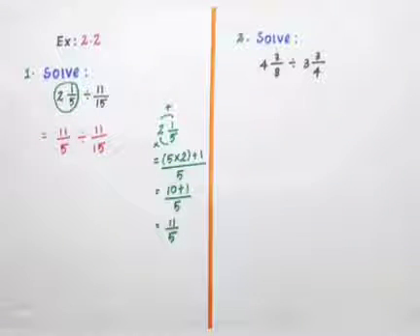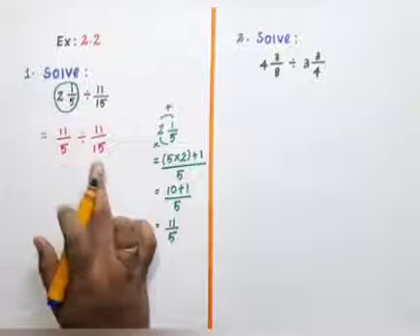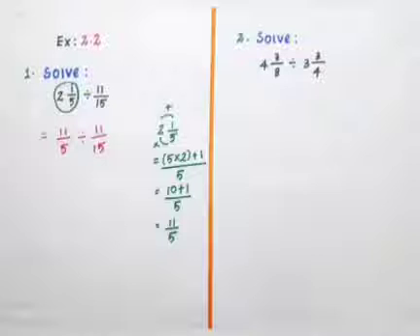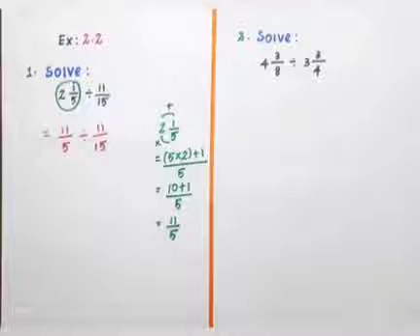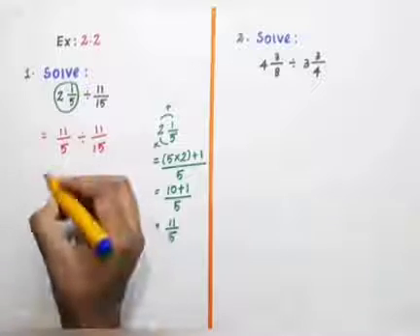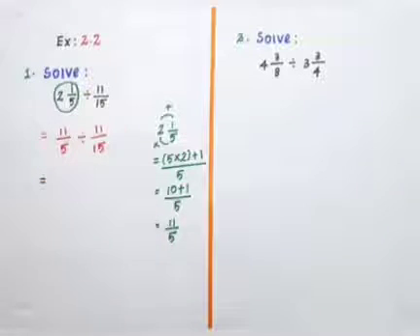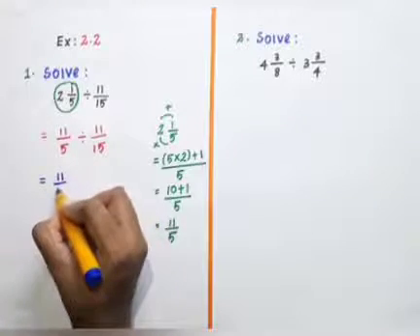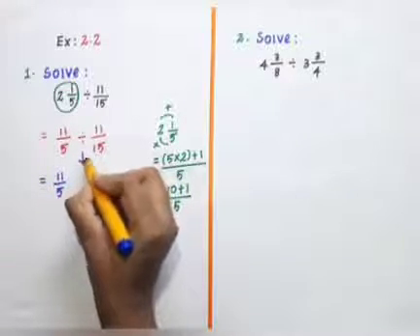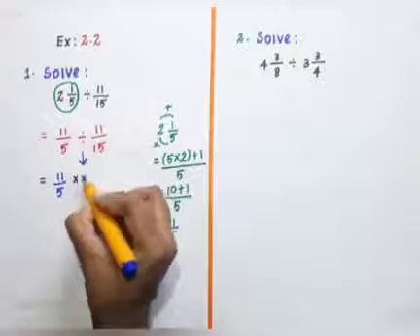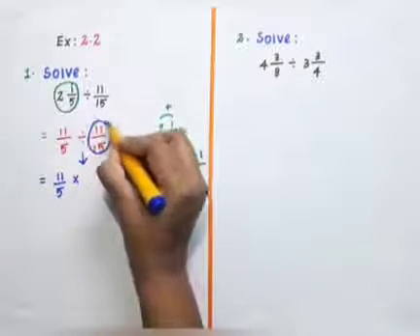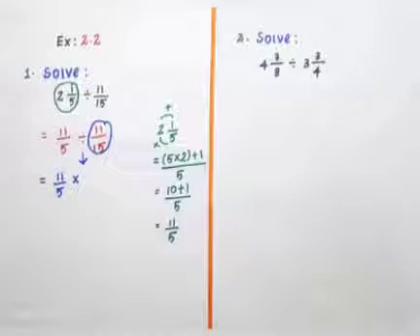Now we are going to divide 11/5 by 11/15. By using the tip keep, change, flip, we have to divide this. This is equal to, keep 11/5 as it is, change division into multiplication, and finally flip the fraction, that is, take the reciprocal of this fraction.